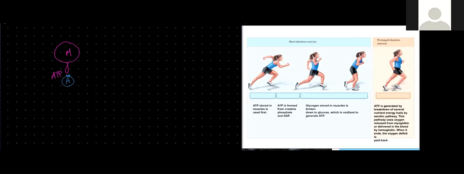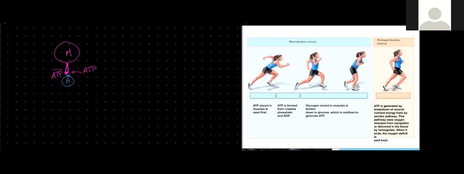Also, another ATP is going to be required for the myosin head to detach from the binding site on the actin subunit, either for you to relax or for you to keep contracting, increasing the tension of the muscle.